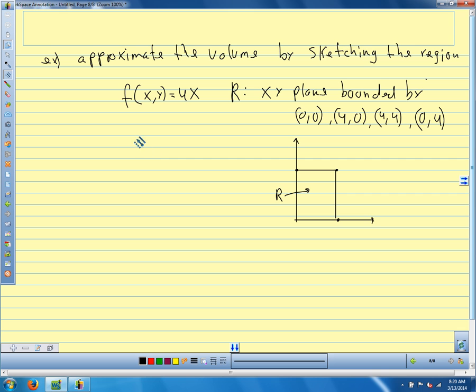So here's our square down here. What is the surface z equals 4x? That is a plane. How would we sketch this plane? In the xz plane, we get the line z equals 4x.